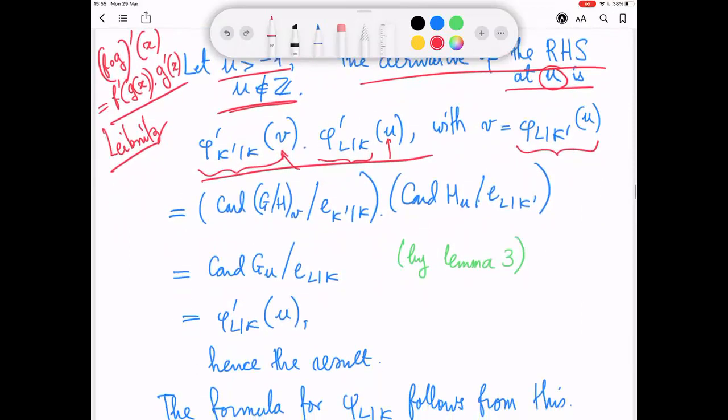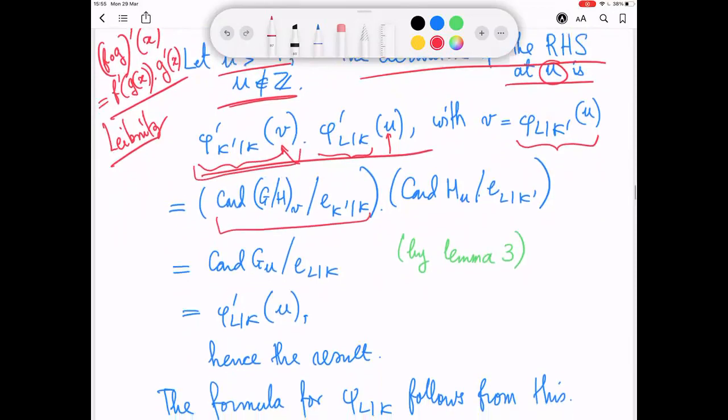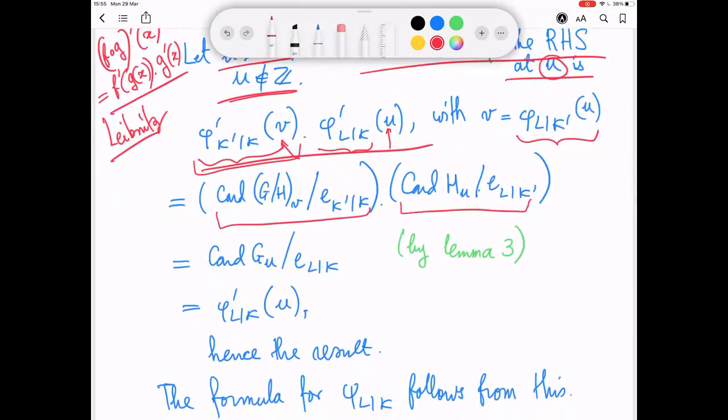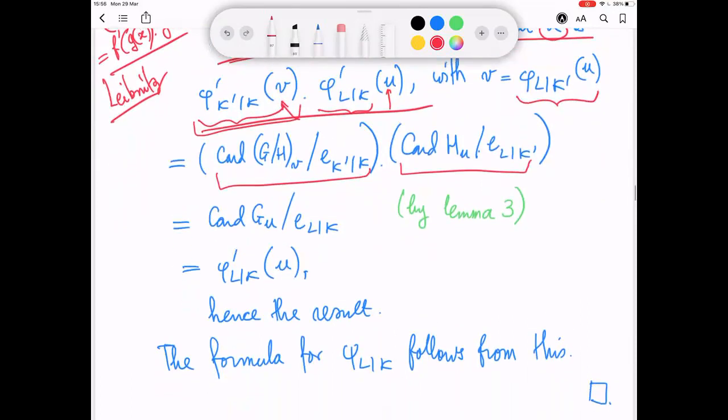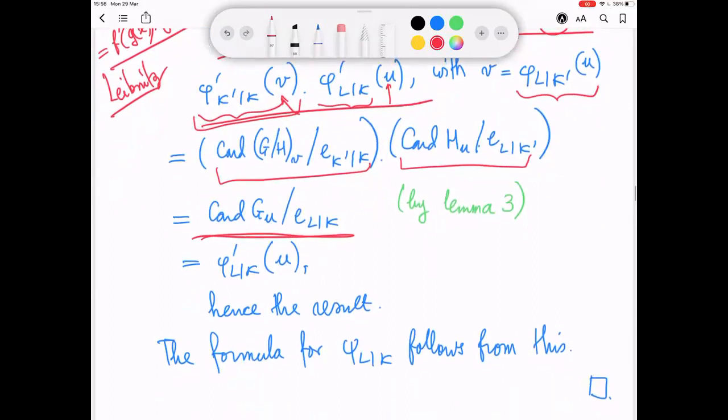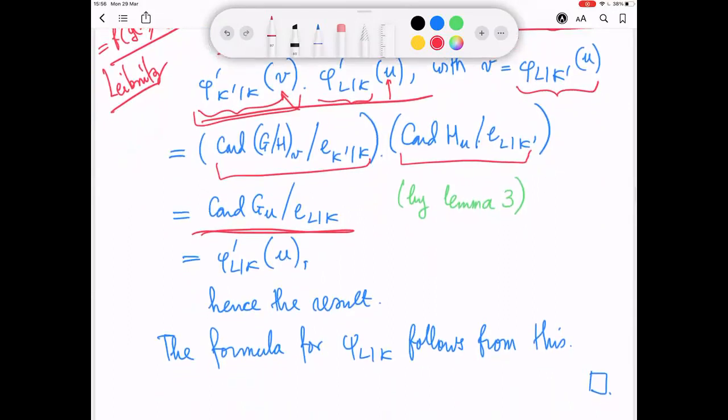Now you go back to the definition of these things. So this first factor is equal to this, and the second factor is equal to this. So that is equal to, that's what you get by Lemma 3.